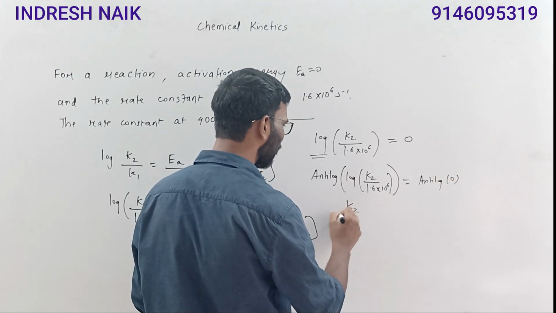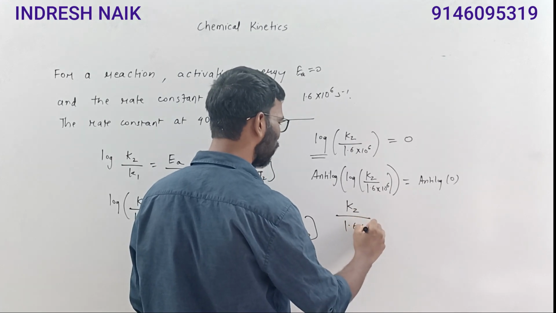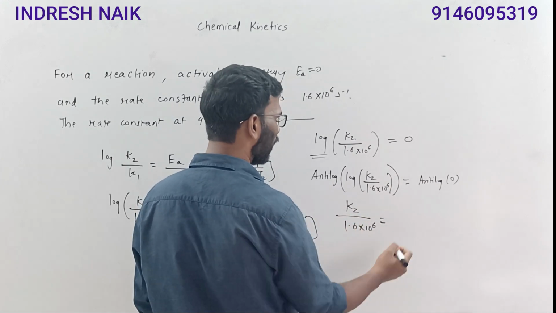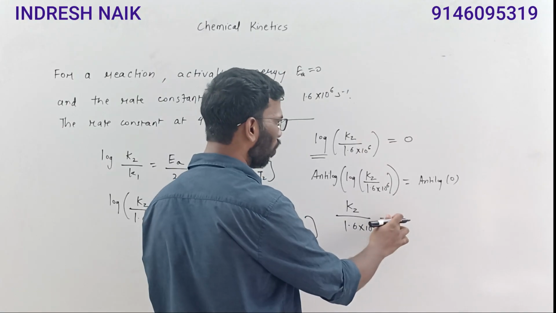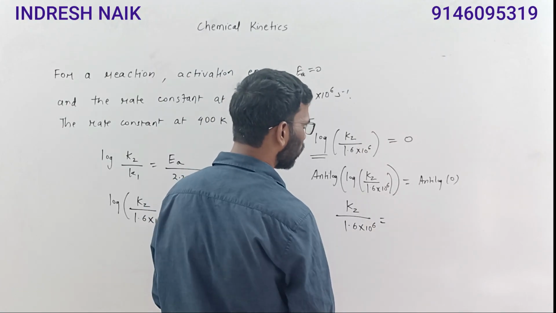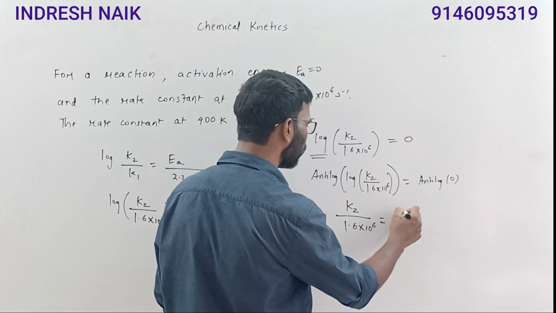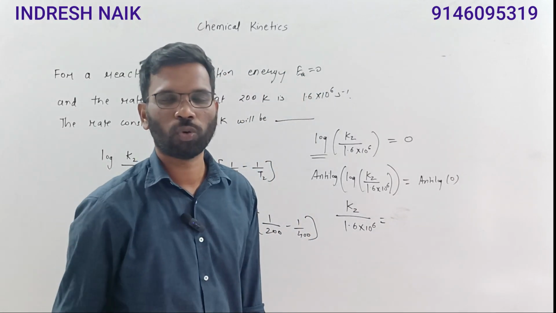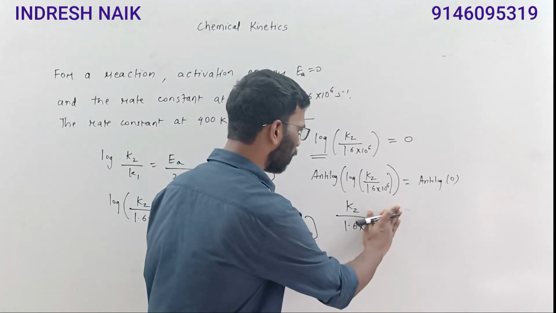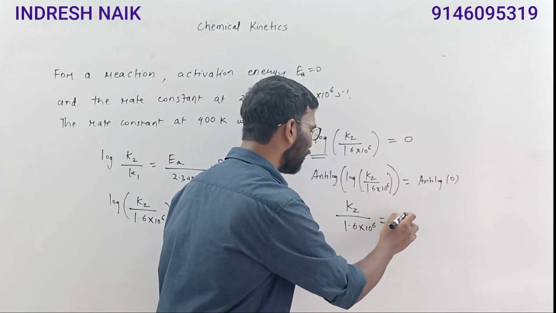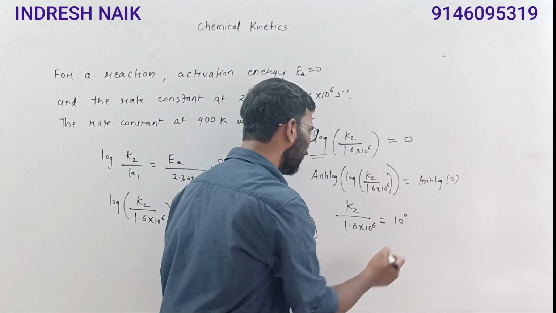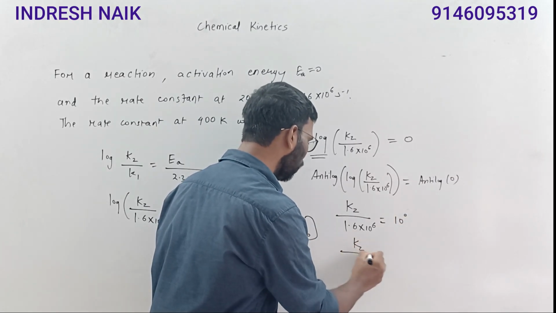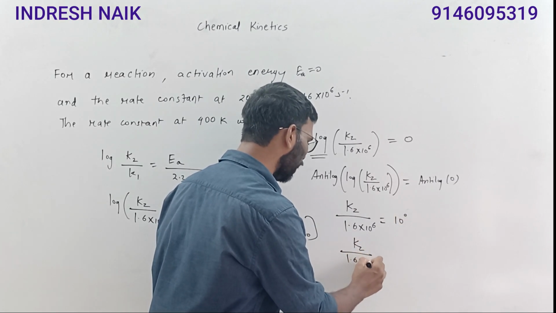What remains is K2 upon 1.6 into 10 raised to 6 equals 10 raised to 0. Anti-log of 1 will be 10 raised to 1, anti-log of 2 will be 10 raised to 2, I always remember this. So anti-log of 0 will be 10 raised to 0.